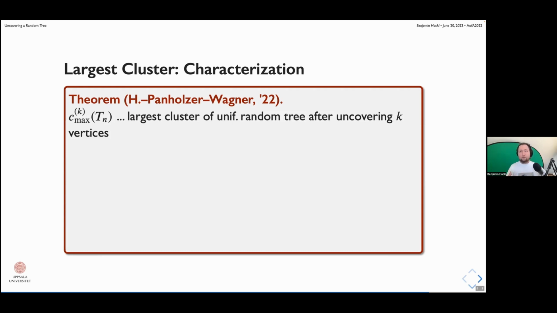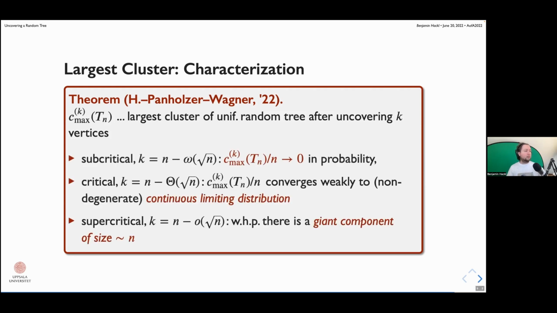At the very latest, as soon as the root cluster has more than half of the vertices, there cannot be a second cluster that's similarly large. And this sort of argument can be tweaked to actually show that in this case, I'm doing them in the wrong order, sorry. In this case, there is with high probability a giant component of linear size.